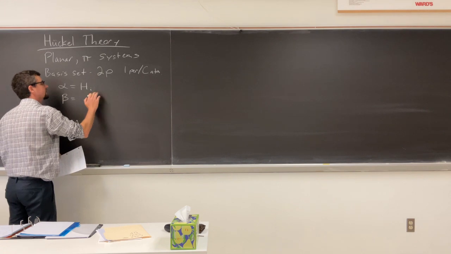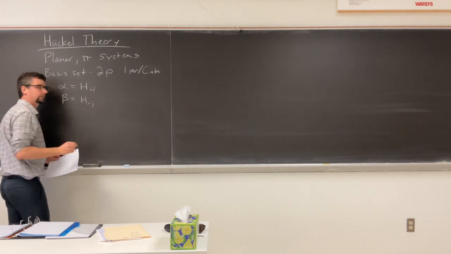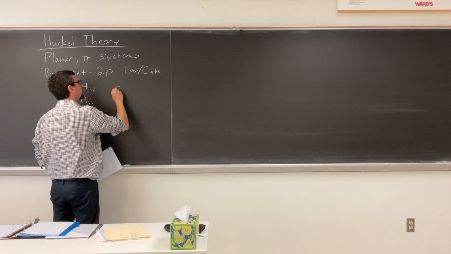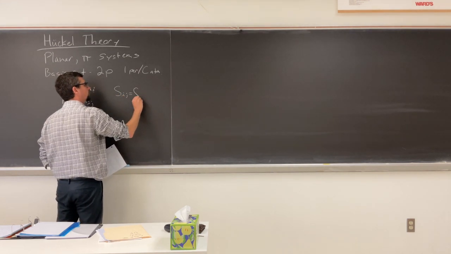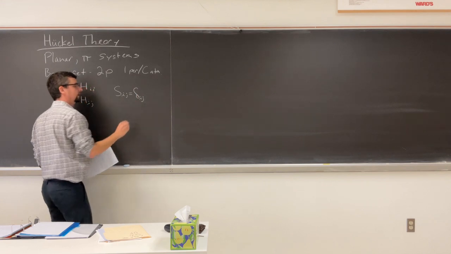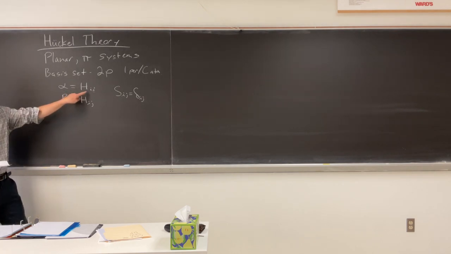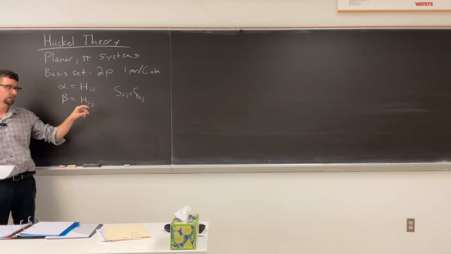So this is HII, this is HIJ. Did we talk about that yet or no? No? Okay. Then we have Sij, which was equal to a delta function. So what does the delta function mean again? Alpha is HII, beta is HIJ.